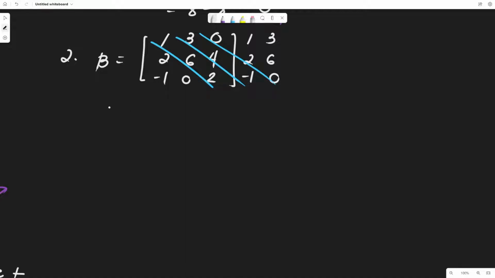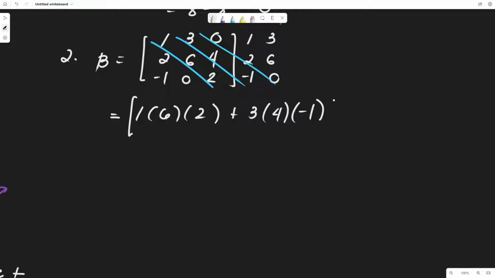So, we have here 1 times 6 times 2, plus 3 times 4 times negative 1, then plus 0 times 2 times 0. Let me erase my lines. So that's the down products.